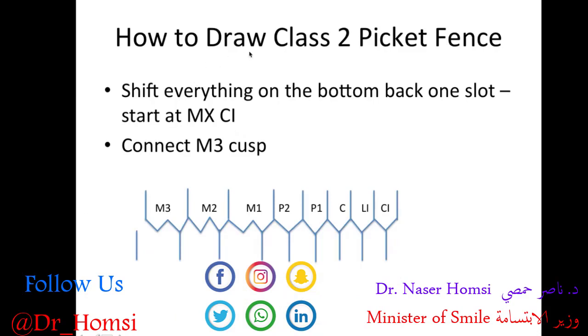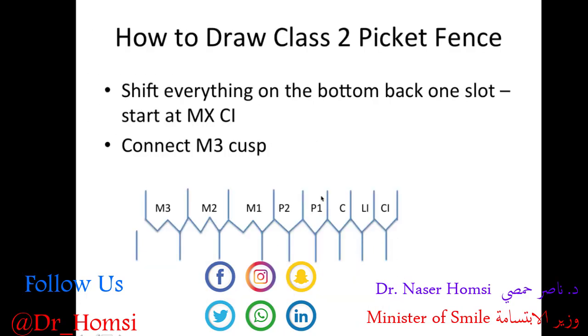Okay, so you'll get some questions on occlusion of Angle's class 2. And this is not too bad actually, because if you've drawn the picket fence, all you have to do is shift everything on the bottom back 1 slot.